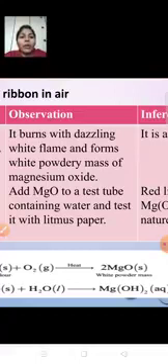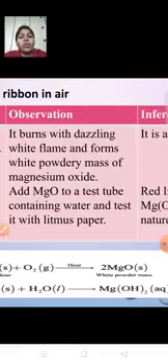And that white powder is known as magnesium oxide. Right? And then what we do? We will add this magnesium oxide to a test tube containing water and mix it. It becomes magnesium hydroxide.